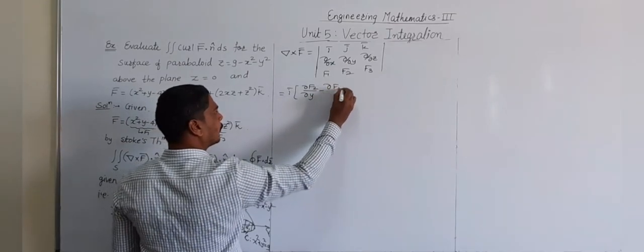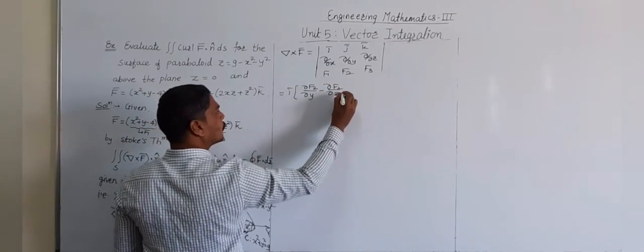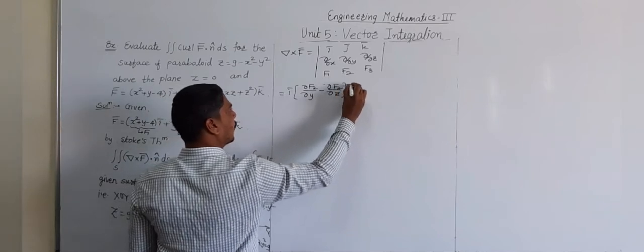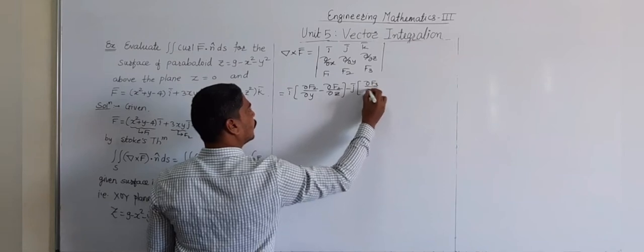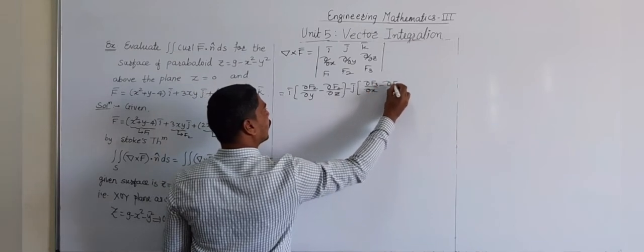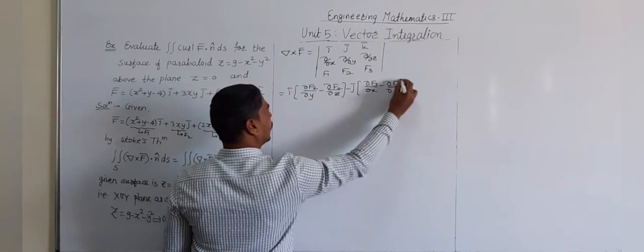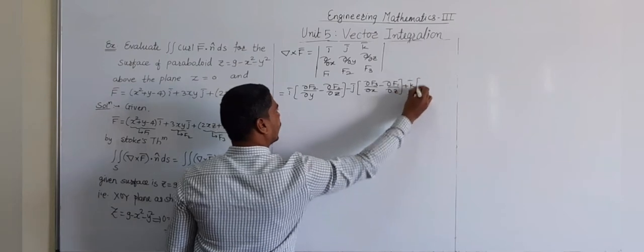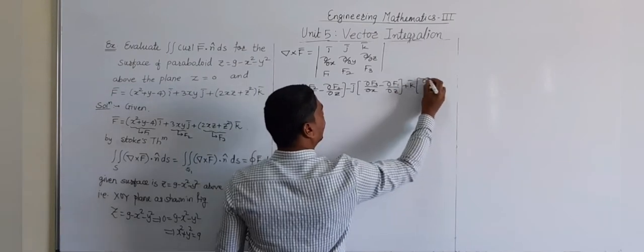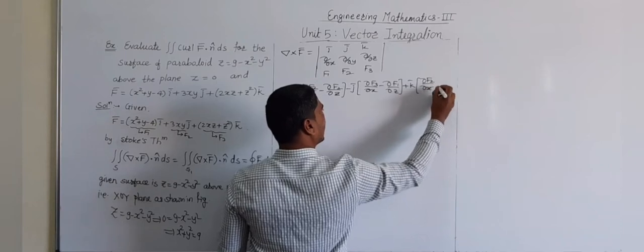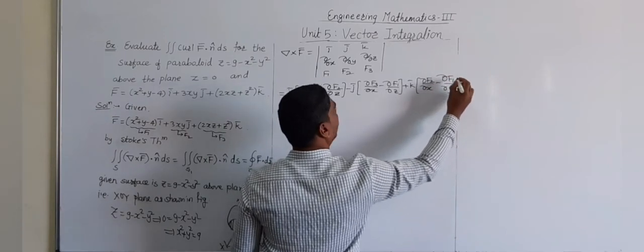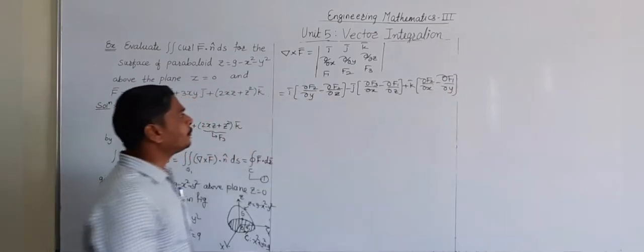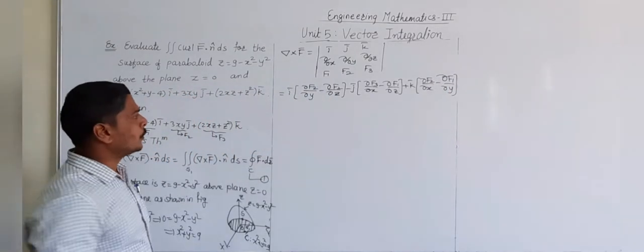Then minus partial derivative of f2 with respect to z, then minus j bar into bracket partial derivative of f3 with respect to x minus partial derivative of f1 with respect to z, plus k bar into bracket partial derivative of f2 with respect to x minus partial derivative of f1 with respect to y.